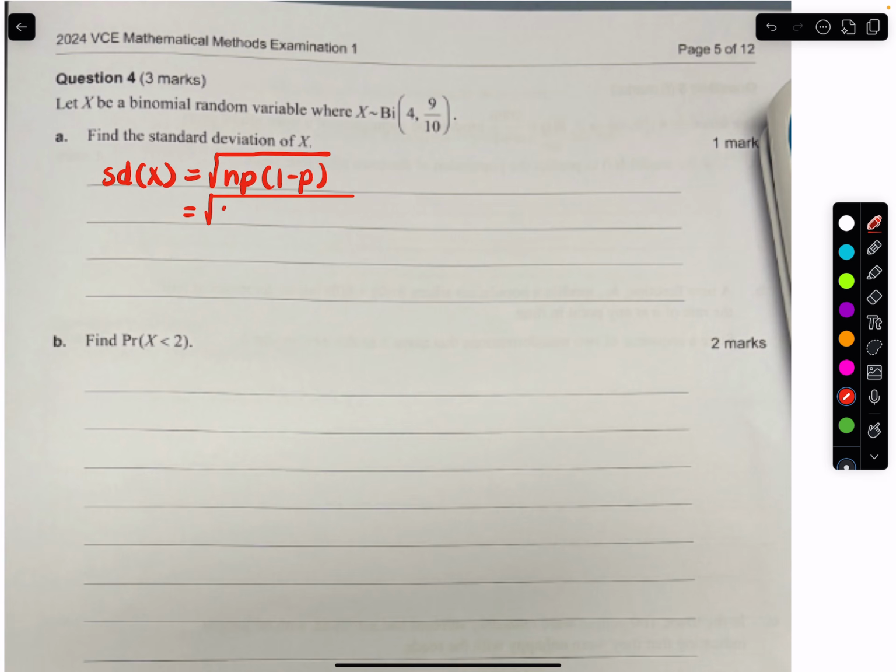Well, n is 4, p is 9 on 10, 1 minus p is 1 on 10. So it's 9, 18, so it will be 36 over 10 times 10 is 100, and the square root of 36 is 6, and the square root of 100 is 10, so that'll be 3 over 5. That is your answer for that one.